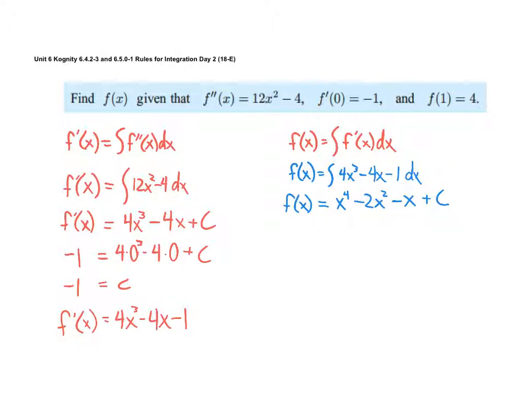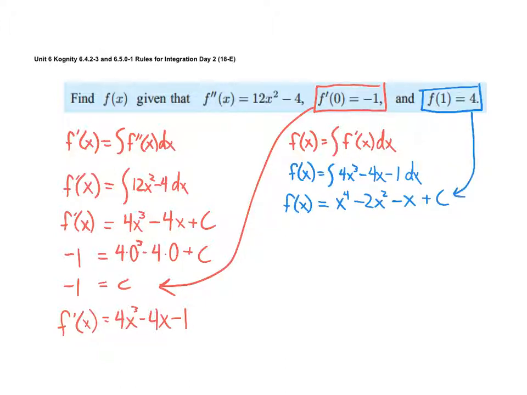Now we've got to figure out what this c is. So we're going to use the point that they gave us on the original function. We used the point on the derivative to figure out the c in the derivative. We're using the point here on the original function to help us find what c is there.